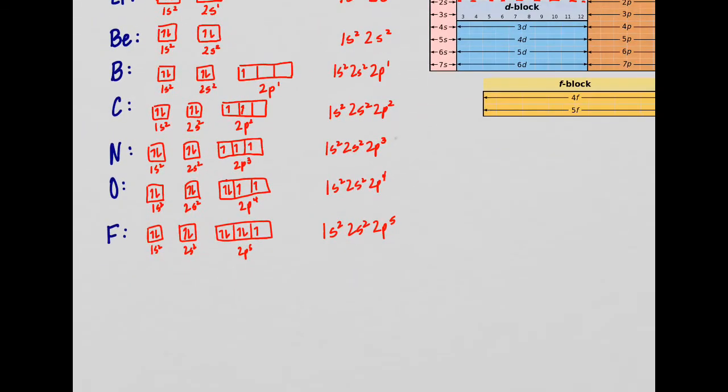All right. Neon is number 10. I'm going to also write neon here, because I need neon to explain the last part of Hund's rule. Neon has 10 electrons. So 2 electrons in the 1s, 3, 4 electrons in the 2s, and then we have to place the last 6 electrons in the 2p.